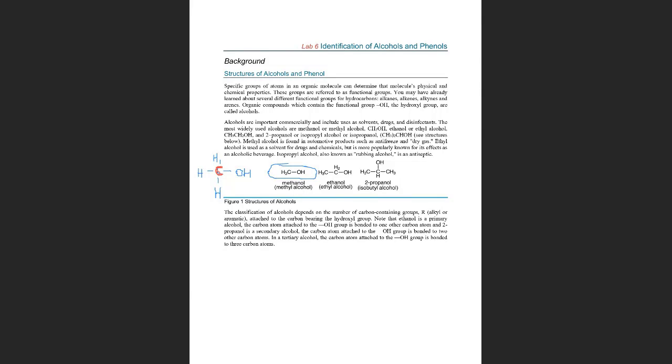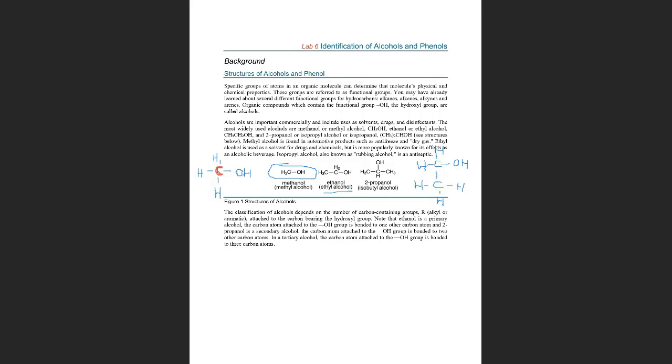Let's look at ethanol. Let's draw it in a different color. This is ethanol. Ethanol has 2 carbons. So let's draw it in a different way. 2 carbons. 1 carbon is bonded to 3 hydrogens. And the other carbon bearing the OH group has 2 hydrogens and 1 OH.